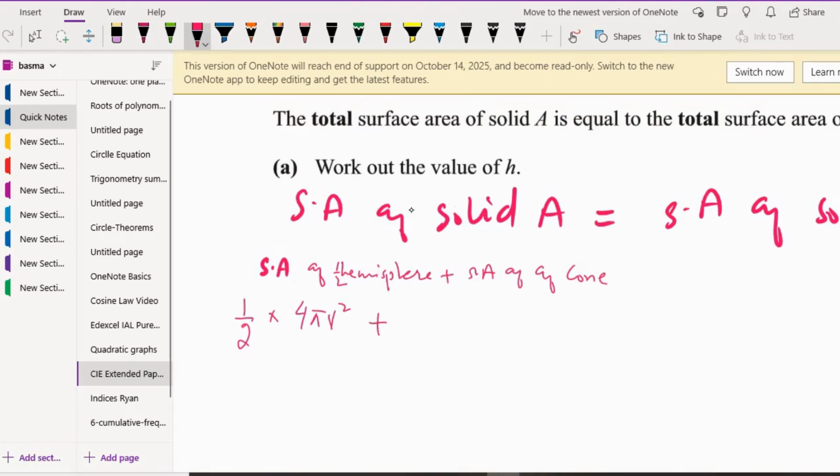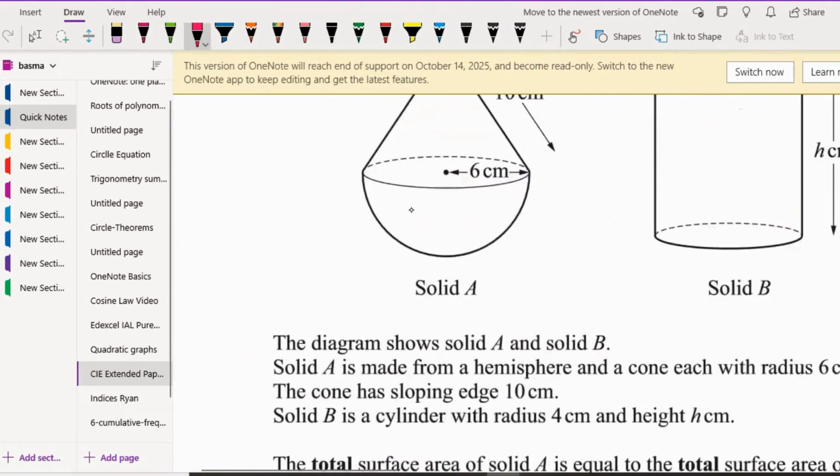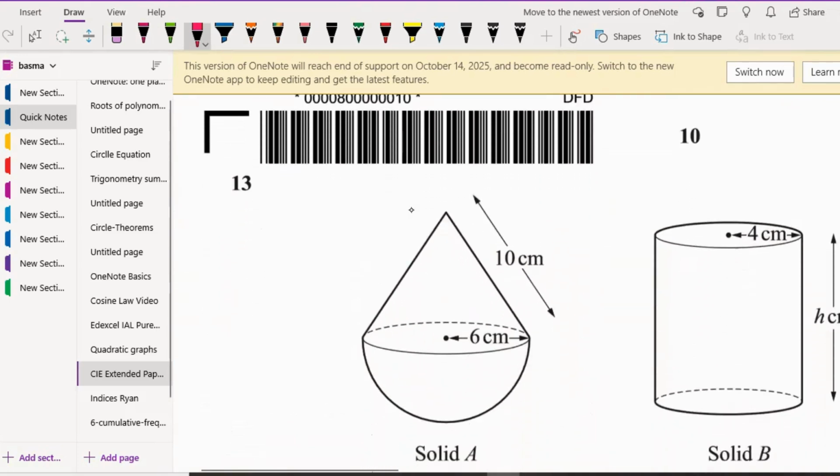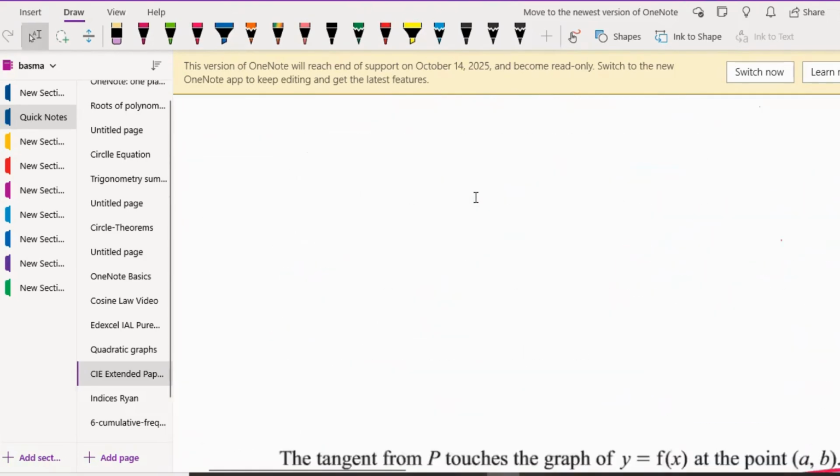area of the cone. What is the surface area for a cone? That is gonna be 2 pi rl. Okay, surface area of cone is gonna be 2 pi rl, but let's just confirm it once quickly from the formula booklet we have above.